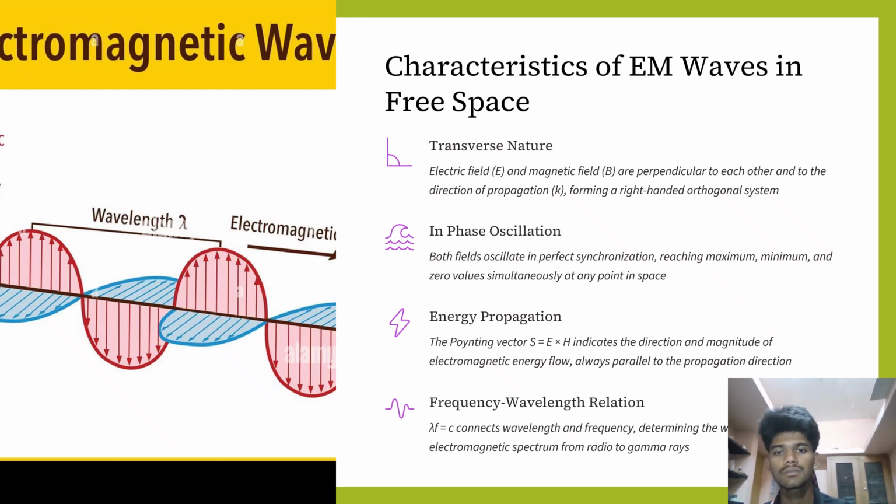Both fields oscillate in perfect synchronization, reaching maximum, minimum, and zero values simultaneously at any point in space. Third, energy propagation. The Poynting vector S is equal to E cross H, indicating the direction and magnitude of electromagnetic energy flow, always parallel to the propagation direction. And the fourth one is the frequency-wavelength relation.